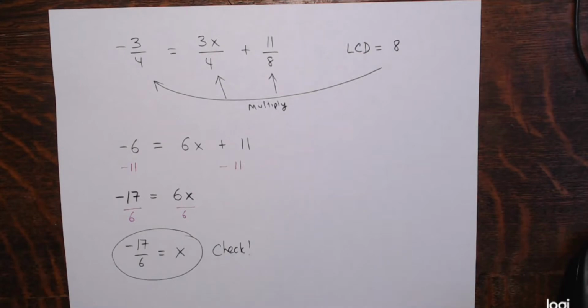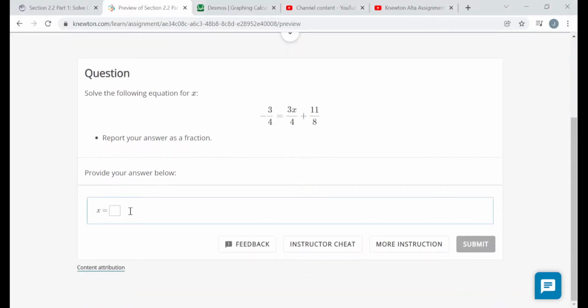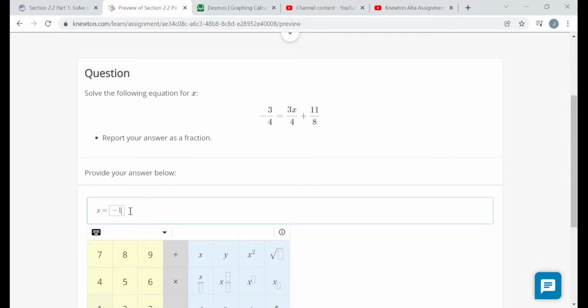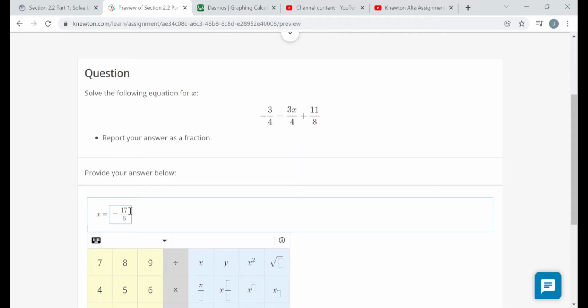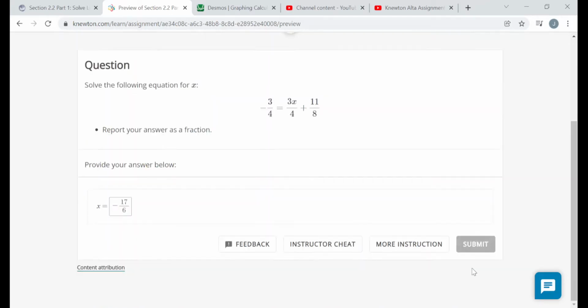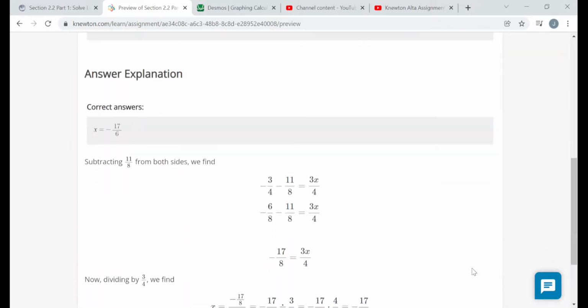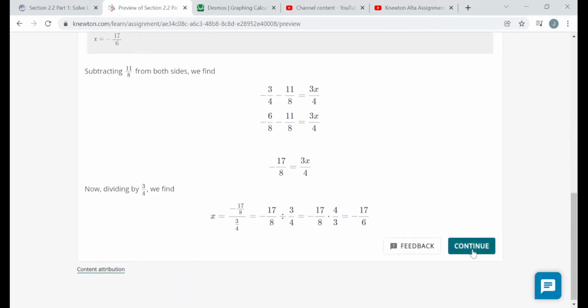I'm doing these things properly now. So -17/6 should work. x equals -17/6, and this would be an example of a conditional equation. This equation is only true for this one value. Again, please read through their answer explanations too. They may do things in different ways that you like better.